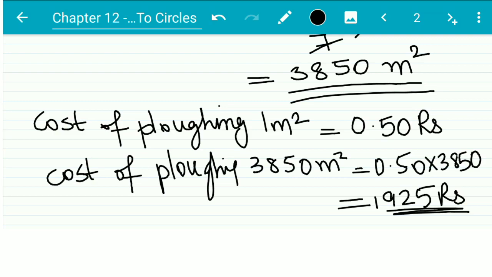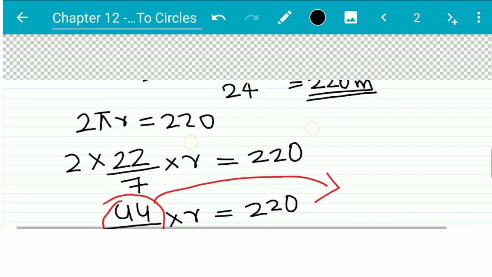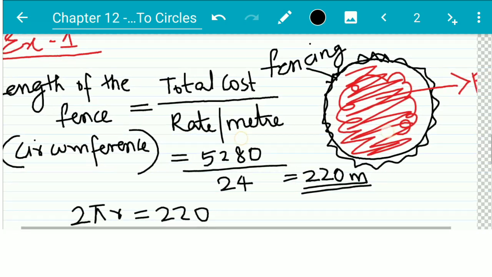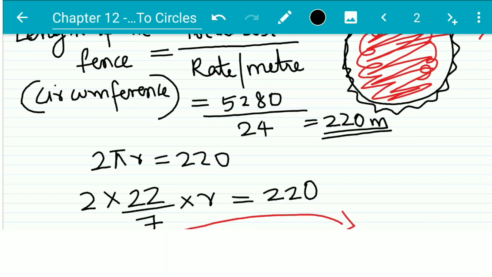This is the answer. I'll show it from the first. This is the starting of the answer. First we found the circumference. Then we put the formula of circumference 2 pi r. Then we got 2 pi r equal to 220.